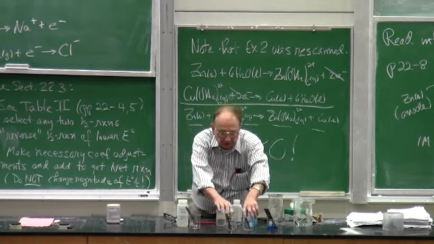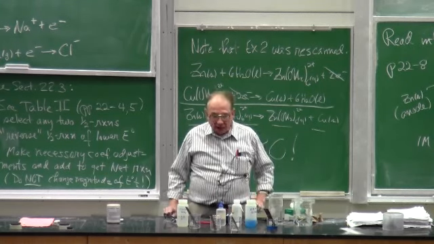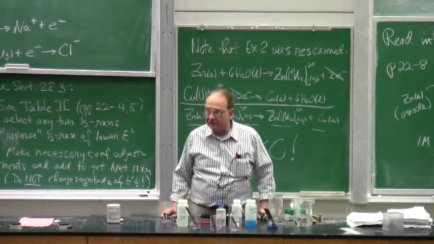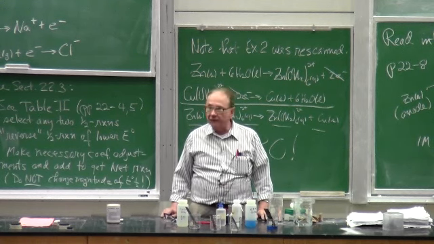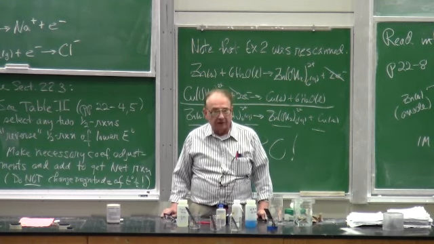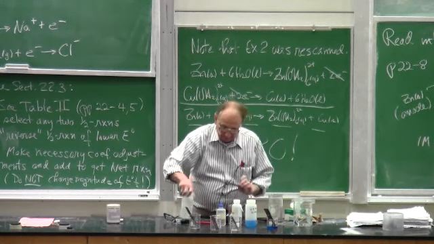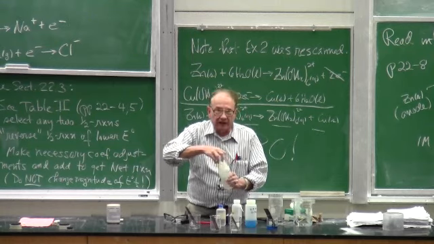We don't know which is the stronger reducer, copper or zinc. We don't know which is the stronger oxidizer, hydrated copper ion or hydrated zinc ion. We don't know. How do we find out? Simple. We take the copper strip and put it in contact with hydrated zinc ion.